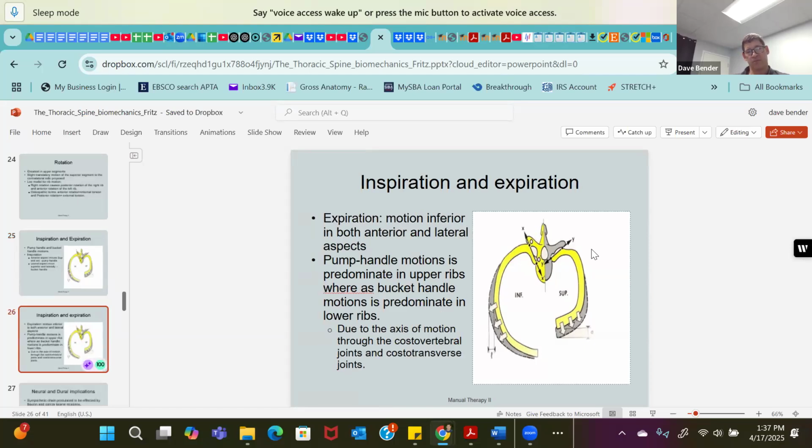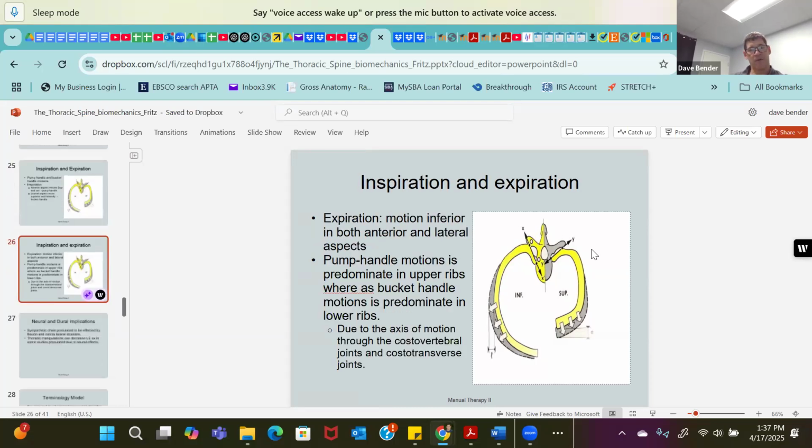With exhalation, we're going to reverse that motion, but you can see how the costotransverse joint, costovertebral joint, and the different axes of motion are going to dictate a bit of the pump handle versus bucket handle conventions that we talk about. So with inspiration and expiration, that plane of the costotransverse joint is going to impact the pump handle and bucket handle motions that we're going to have.